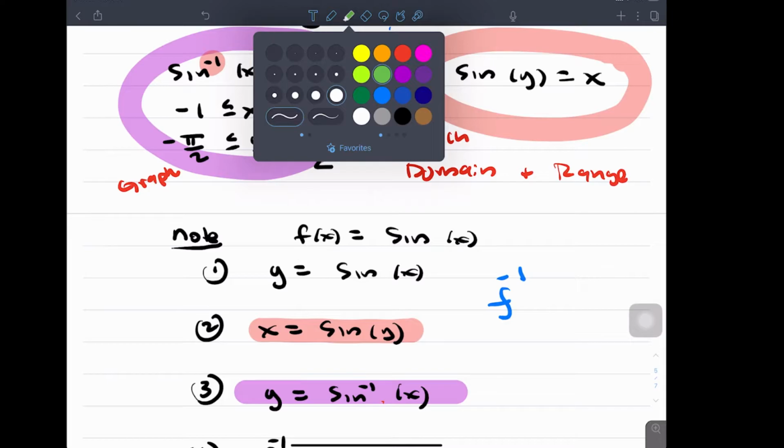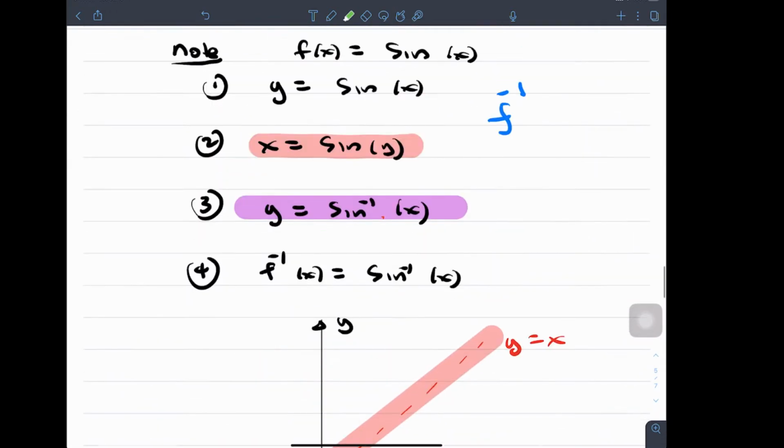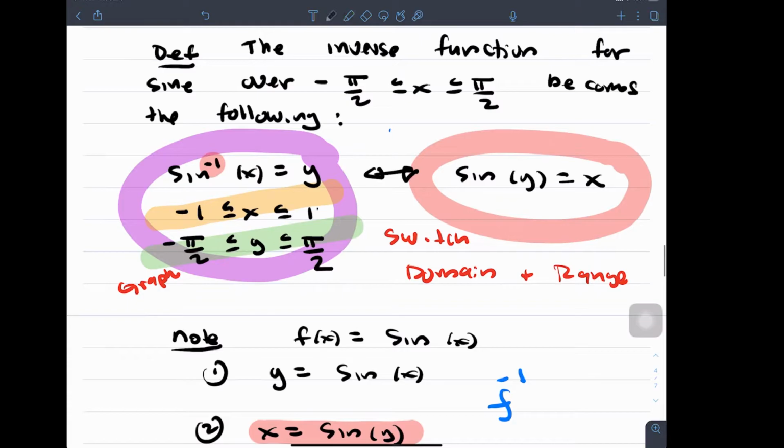This is your new domain, and then this is your new range. We had to restrict the domain for sine to define this. And this is where it comes from. This is where you go back to. And you're going to see that.